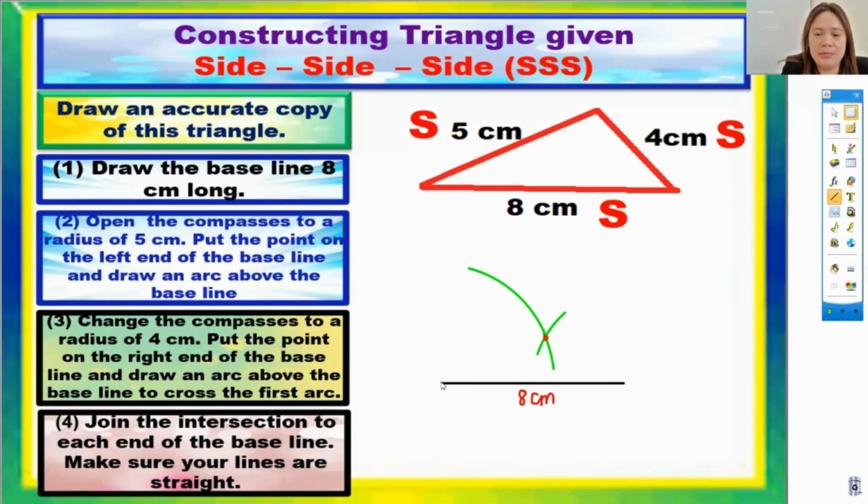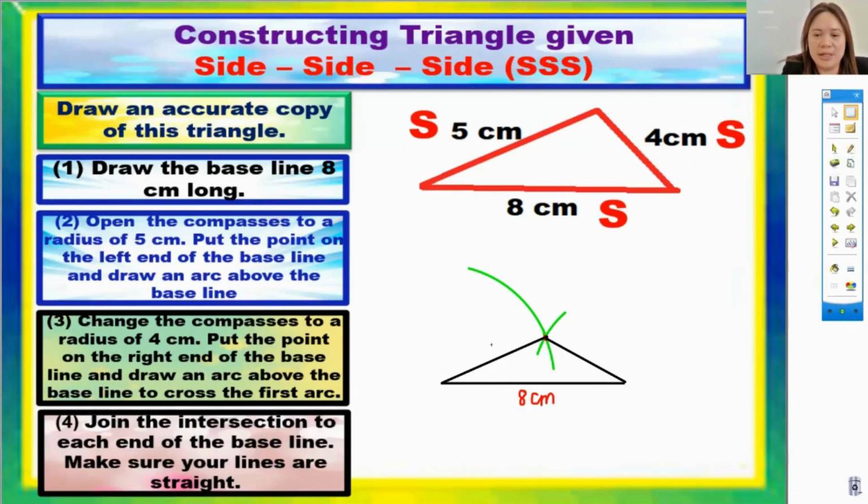So one end point is here. I'm going to connect it to the intersection. And one end point here of 8 centimeters, I'm going to connect it also to the intersection of the 2 arcs. Now I have the accurate drawing of the given triangle.